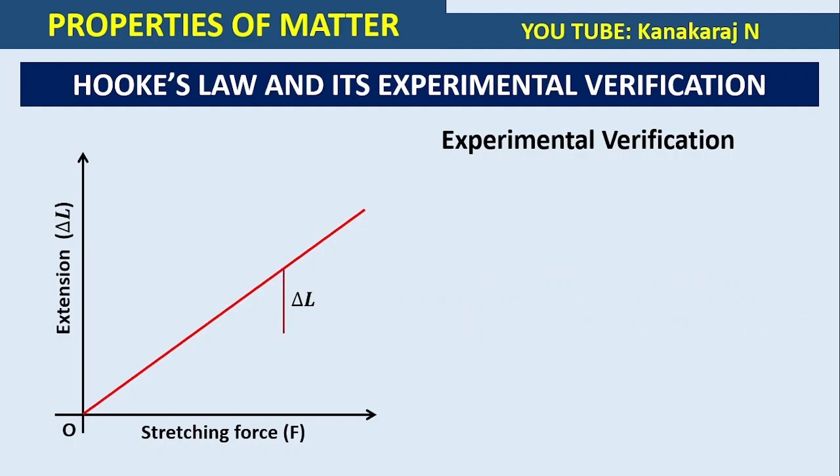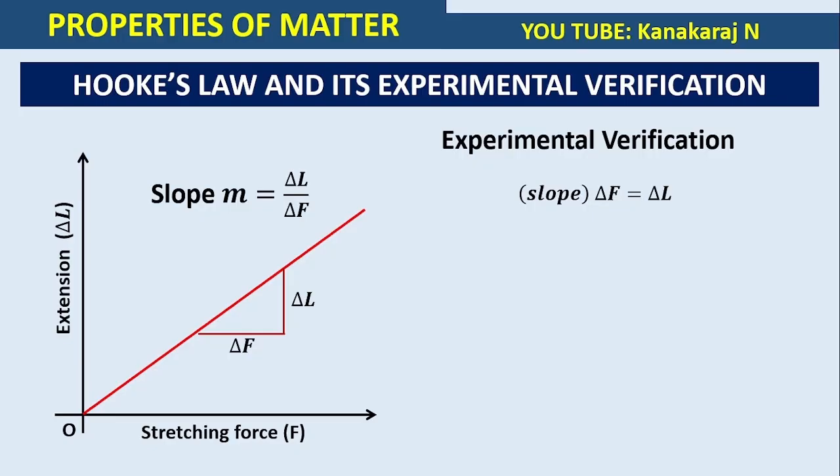Instead of del y, let us consider here del L. Instead of del x, let us consider del F. So the slope m equals del y by del x, but here it is del L by del F. Therefore, slope multiplied by del F equals del L.